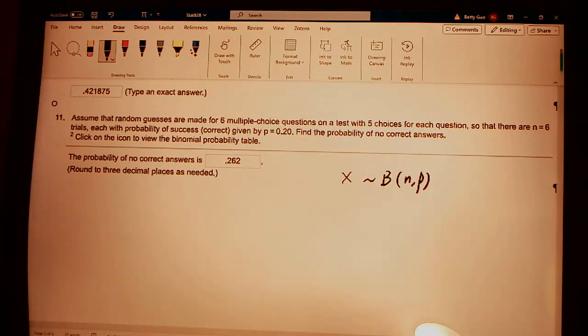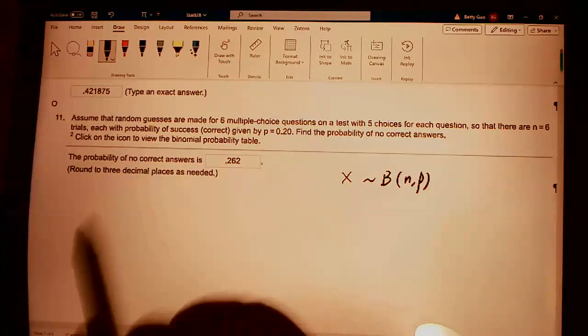One of them is correct. If you guess, you would have a 1 out of 5 chance to get it right. 1 over 5 converted to decimal is 0.2. We need to find the probability of no correct answers. Okay, so do you identify?